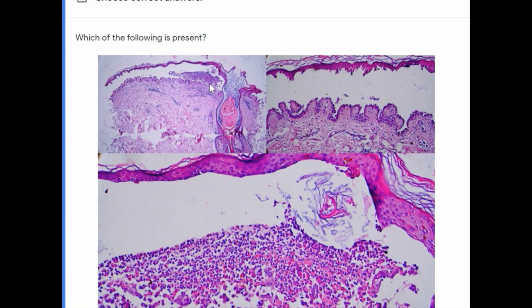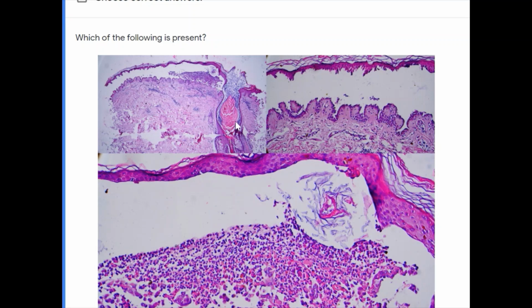What is interesting in pemphigus vulgaris is that the acantholytic cells do extend down to the adnexa, so they go down the hair follicles, and this is usually a clue. If you're not seeing the blister on top, say the blister roof is lost in processing, and you look hard enough and find a hair follicle, and you see acantholytic cells along the infundibulum or lower down, then you can still make a diagnosis of pemphigus vulgaris.